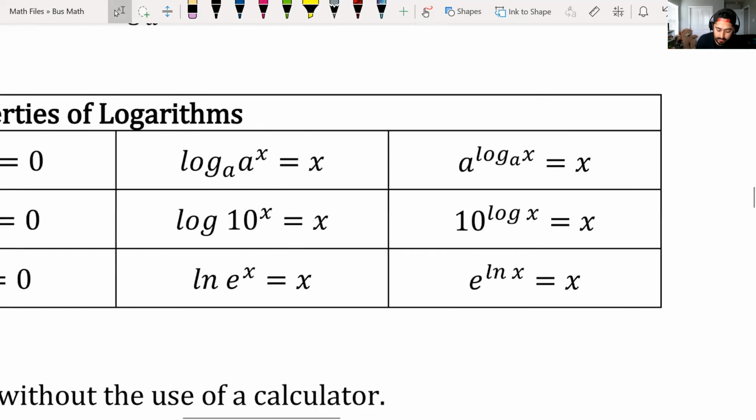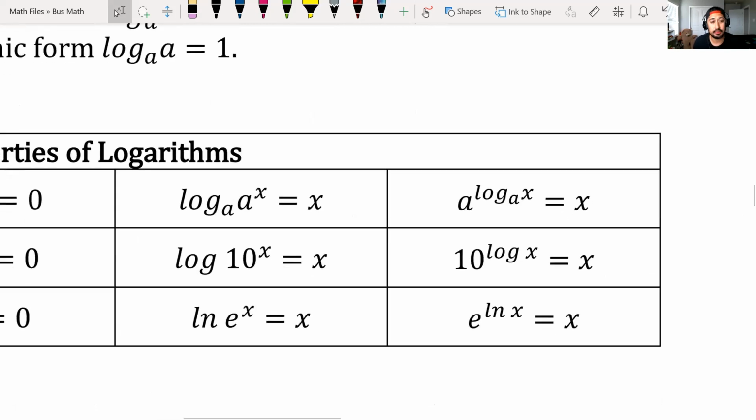Okay. More properties. Log base a of a to the x. Since you have log base a of a, those will cancel to 1, and this will just leave you with the exponent of x. That's it.